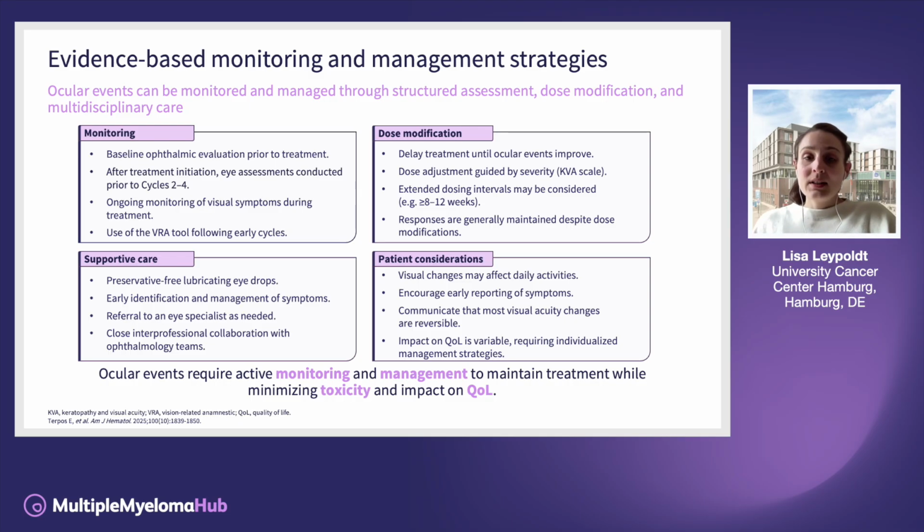Importantly, communicate that most of these visual changes are actually reversible, and that patients should not be afraid of losing their vision completely. So these ocular events require active monitoring and management to maintain the treatment while minimizing toxicity and minimizing the impact on quality of life.